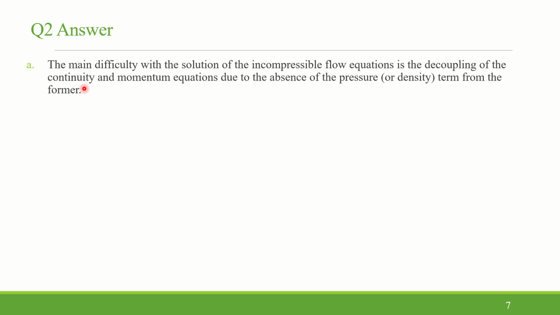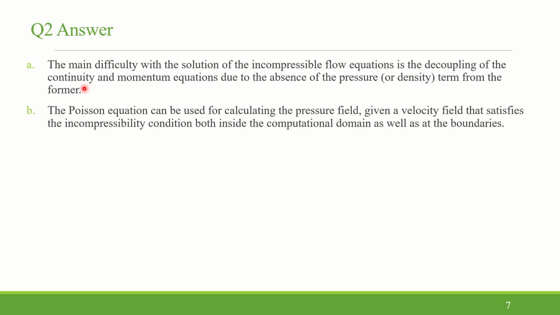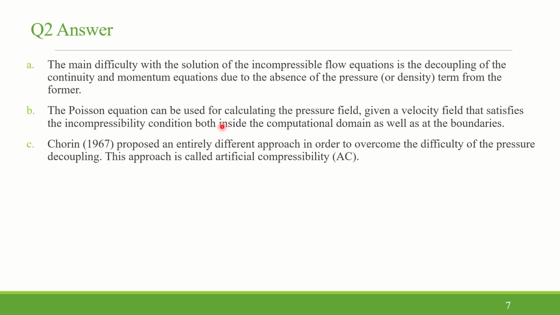So we cannot separate the continuity and the momentum conservation equations. Poisson equation is additionally solved in such cases for calculating the pressure field given a velocity field that satisfies the incompressibility condition both inside the computational domain as well as at the boundaries.